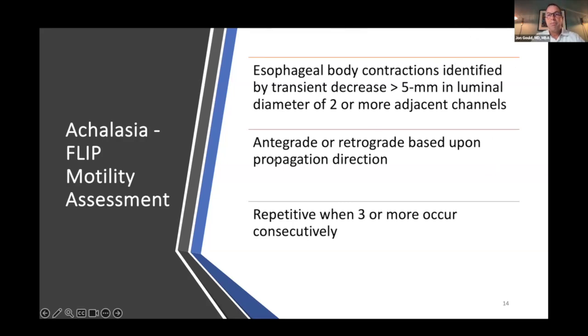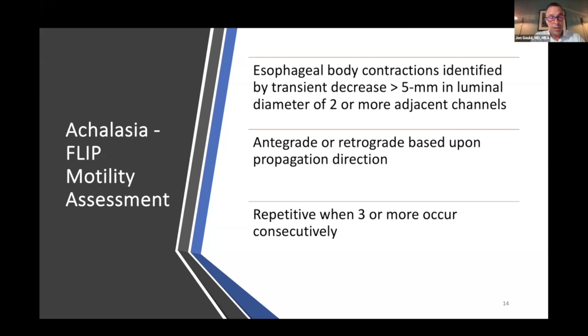There we go. But there are some things that you can see on the endoflip catheter in the OR from a motility perspective that can be helpful and consistent with achalasia. You want to know that that's the diagnosis in advance. Min's going to share a couple case stories about where the endoflip is particularly useful in determining if dysphagia and elevated IRP and all these other things are related to either a paraesophageal hernia or to achalasia.